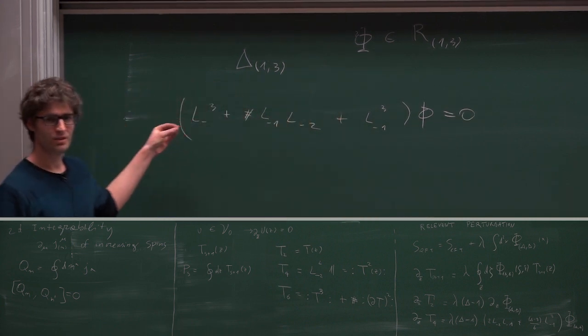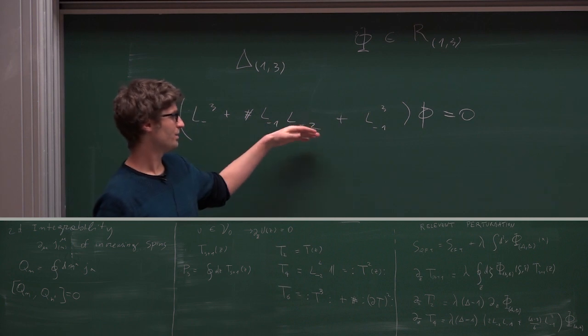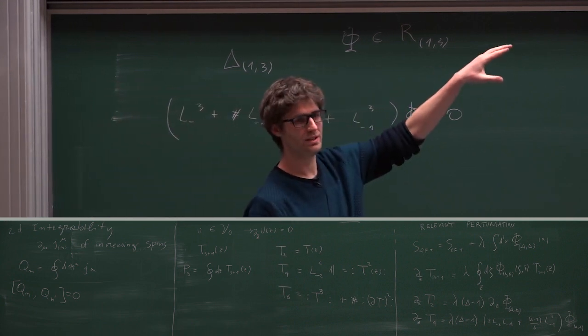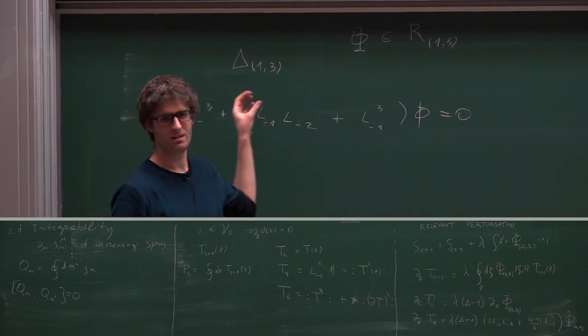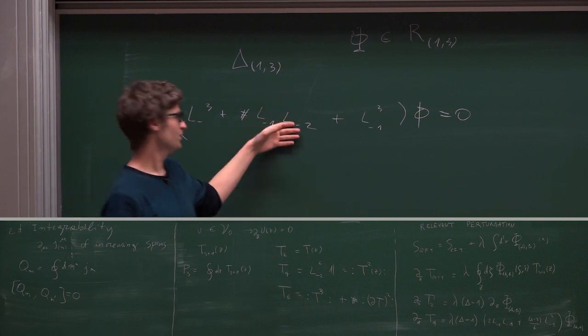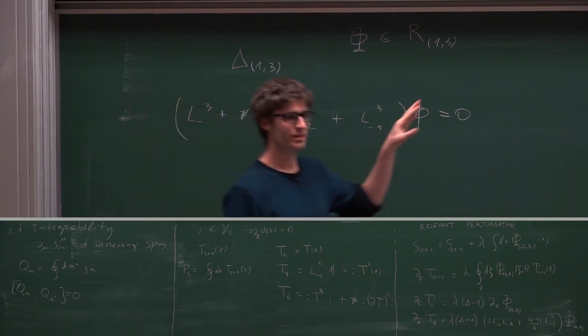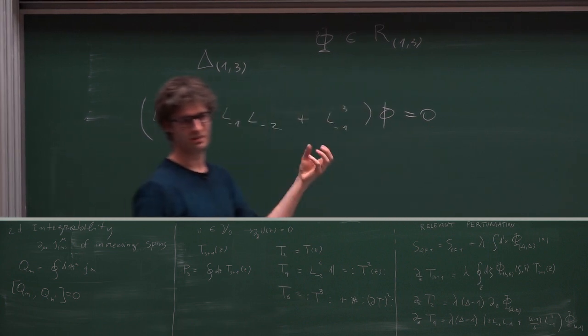This equation tells us that one of its descendants is 0, and if you combine it with that one, you can now factorize an L minus 1 factor on the left. And you discover that this current T4 is still surviving the perturbation.